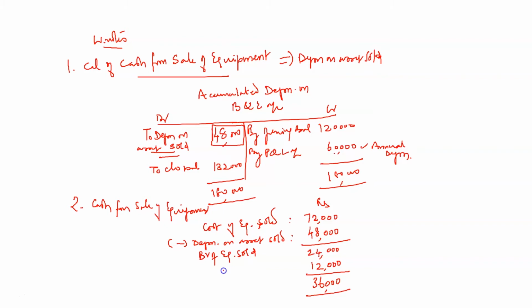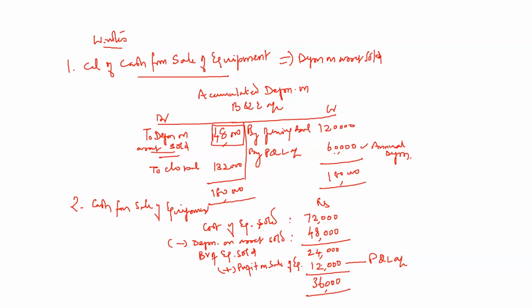So how do we arrive at this? Add profit on sale of equipment. This is given in the P&L account. If it is given as loss on sale of equipment, your sale proceeds will be only 12,000 less; you have to reduce 12,000.